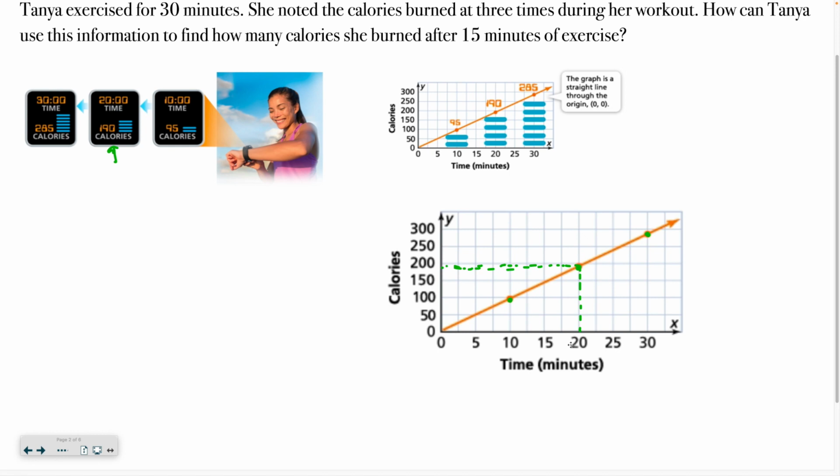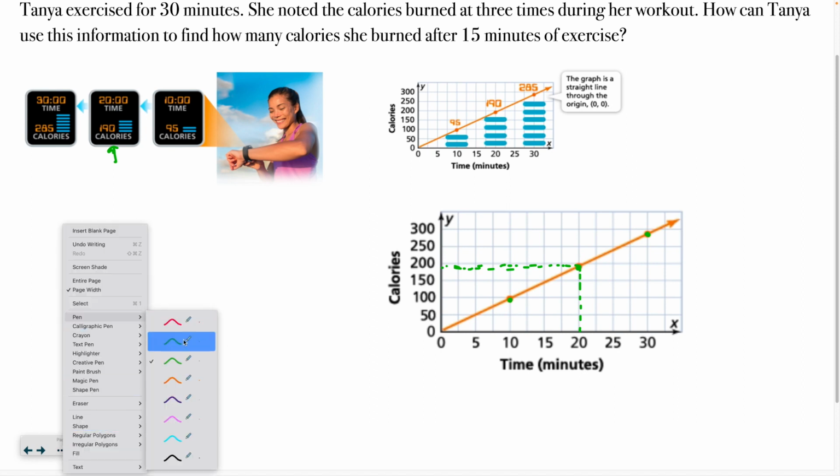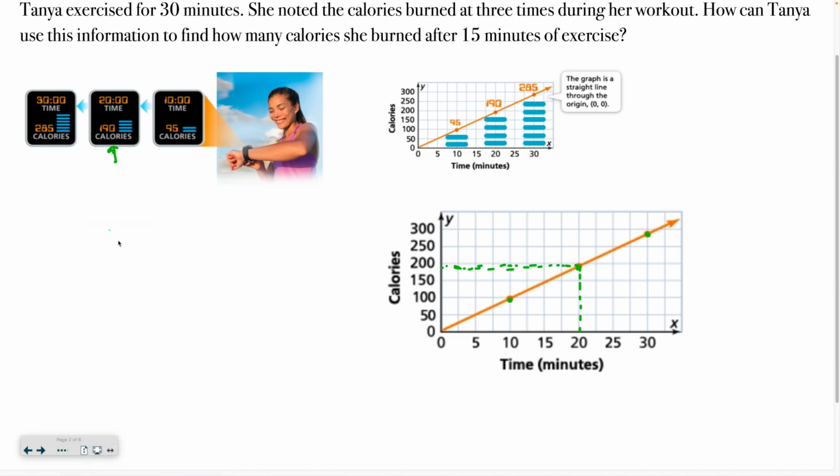So what we could do is use the same stuff that we've been doing so far. If I take my x and my y and make my little table and do y divided by x, let's check it out. I have 10 and 95, I have 20 and 190, and I have 30 minutes is 285.